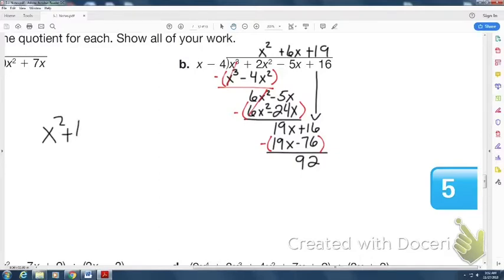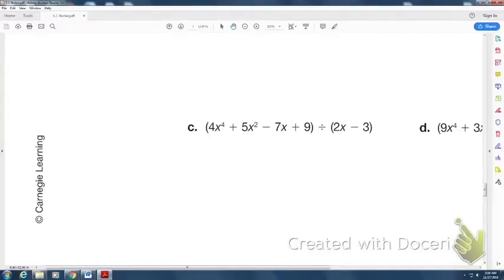And on this one, make sure you're writing your answer correctly with the remainder. Make sure you have this next one set up correctly. I'm writing it down right here. Again, you should have a 0x cubed in there because you need a placeholder.